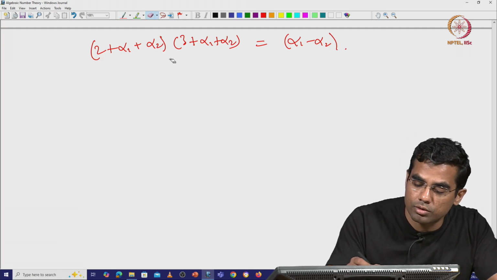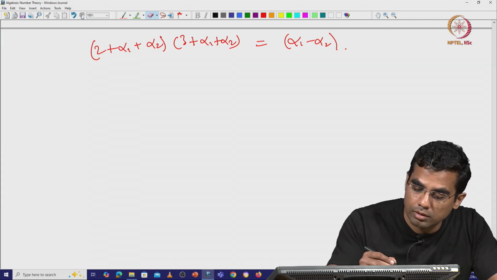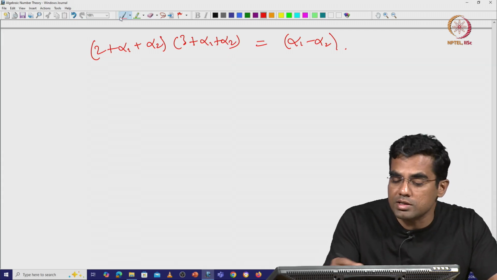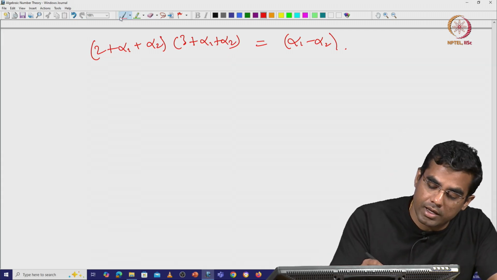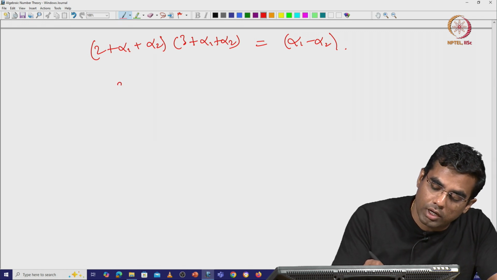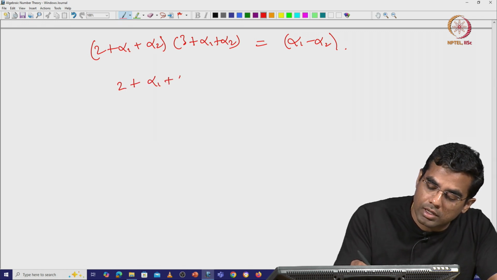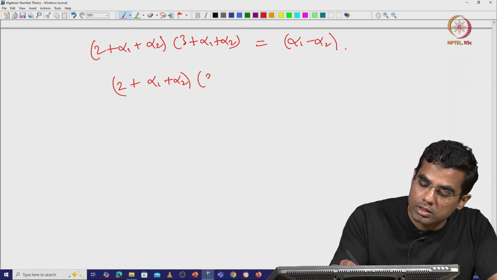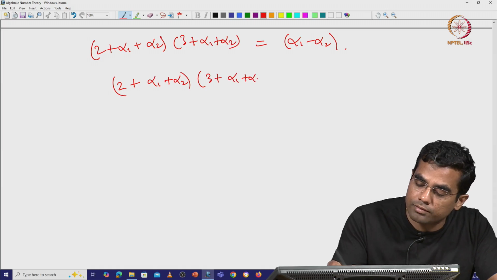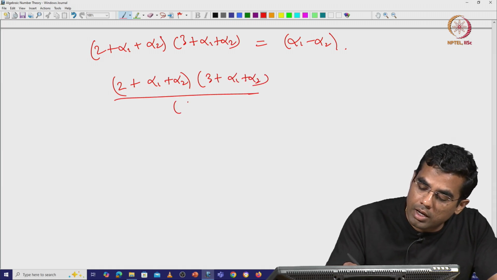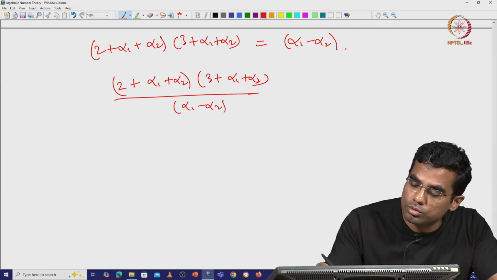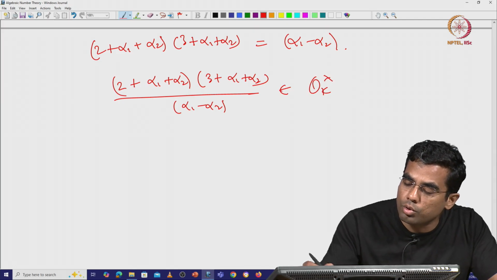So, it is equal to this ideal. What this means is that these two elements differ by a unit, and so you look at 2 plus alpha 1 plus alpha 2 times 3 plus alpha 1 plus alpha 2 divided by alpha 1 minus alpha 2, this belongs to O_K cross.